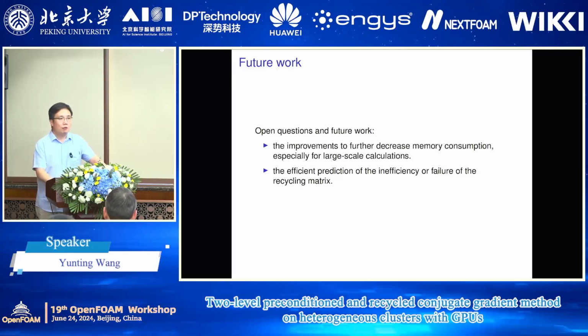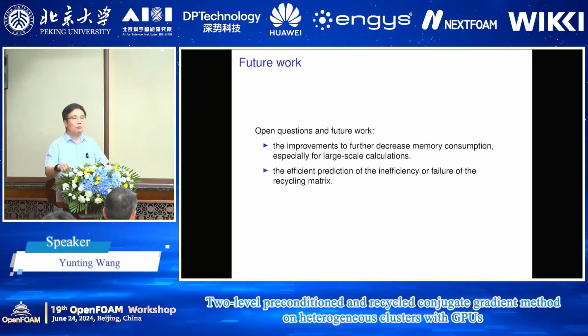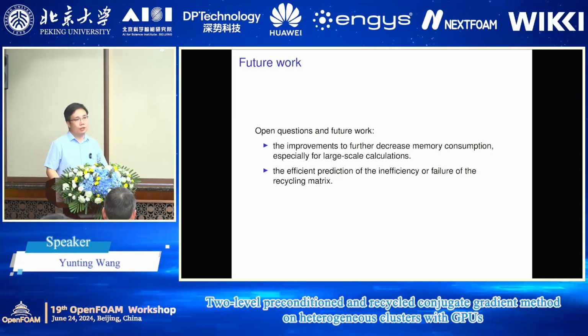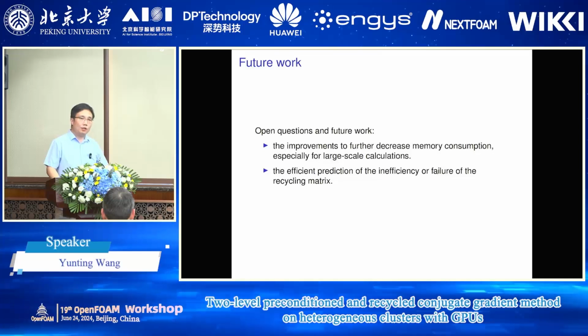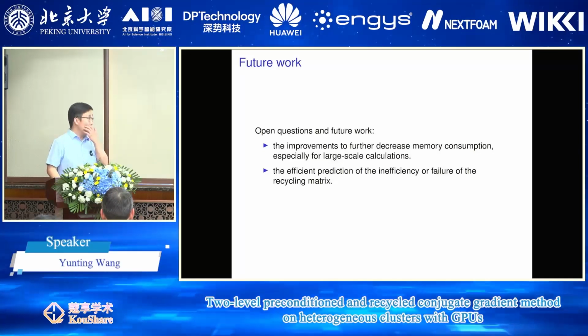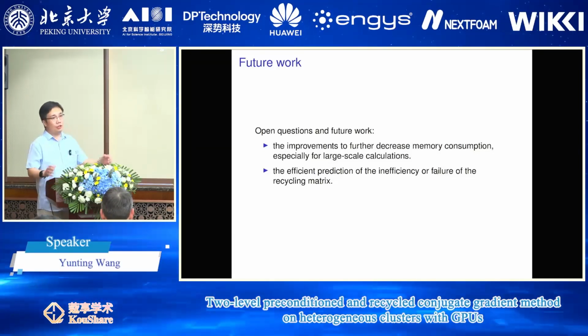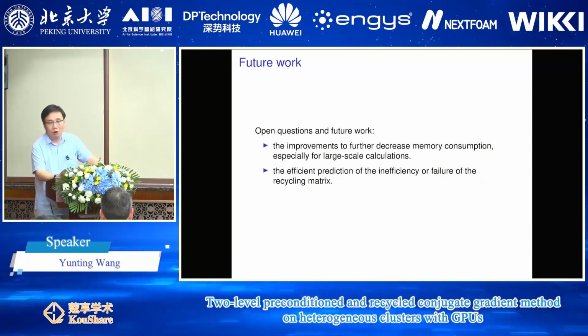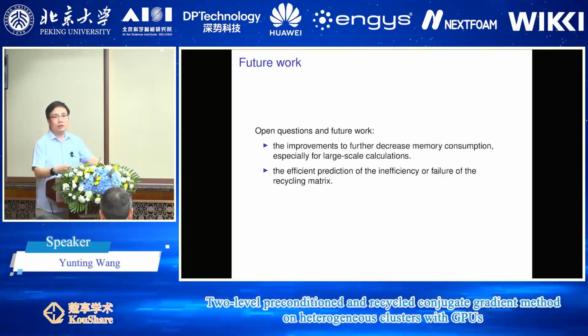But in our experiments, you can use lower precision, for example from double to single, and it works nicely; the efficiency doesn't change. However, the time consumption is halved. But for very large scale simulations, you still have to take care of this memory consumption, because we recycle all the subspace. We don't prune it.